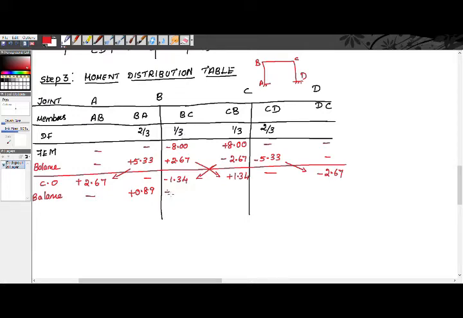So balancing, it is plus 0.45. Similarly here, plus 1.34 multiplied by 1 by 3, we get plus 0.45. So balancing, it is minus 0.45. Minus 5.33 multiplied by 2 by 3, we get plus 0.89. So balancing, it is minus 0.89. Now we will go for carryover.